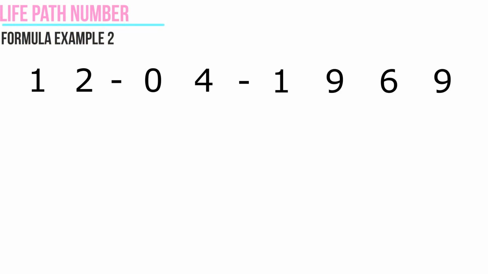And now, just as a second example, we'll go ahead and do Jay-Z's. So Jay-Z's birthday is December 4th, 1969. So we've got the 1 and the 2 that we add together to get 3. The 4 is already a single digit, so we'll just bring that one down.